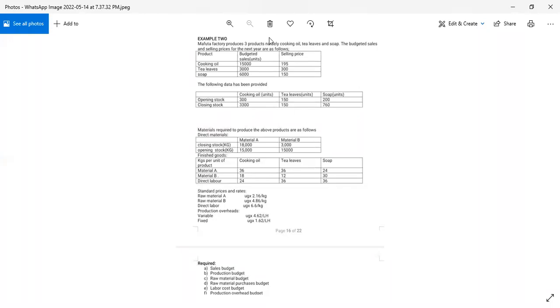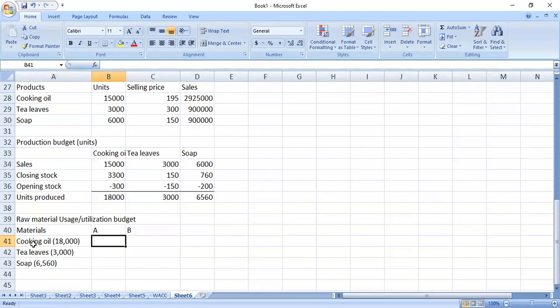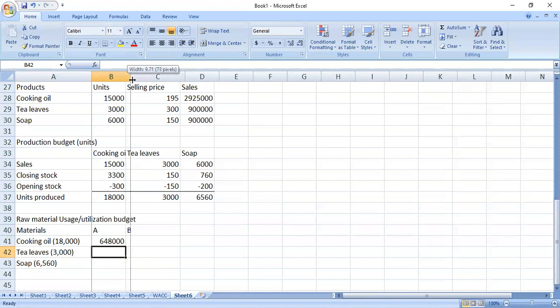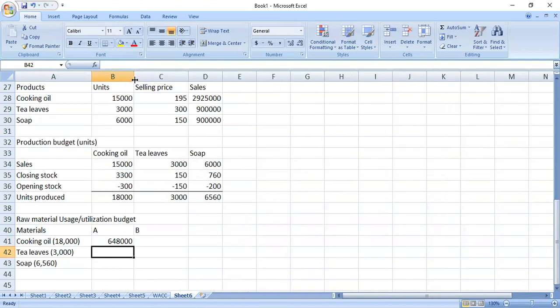So if I may show you what I've just said, for material A, as far as cooking oil is concerned, it is 36 for a single unit times the number of units that you produced, which are 18,000. That's what you have as far as cooking oil and material A is concerned.